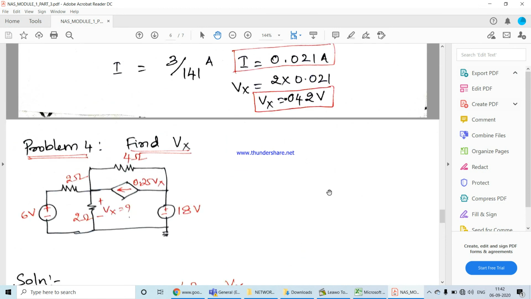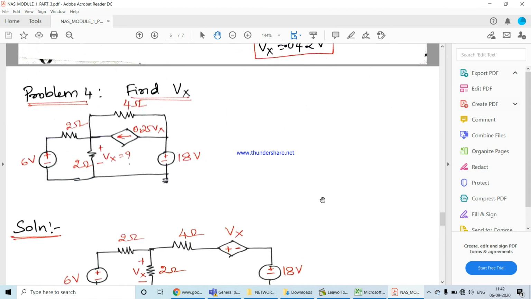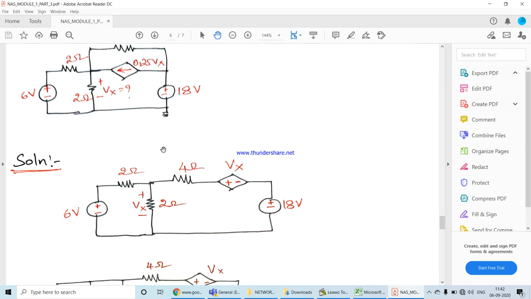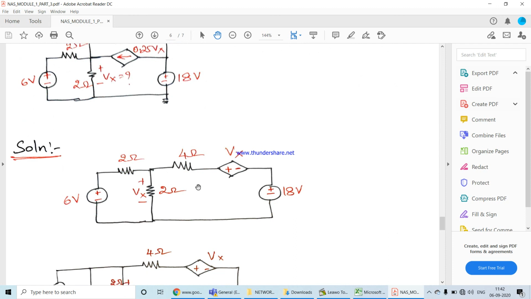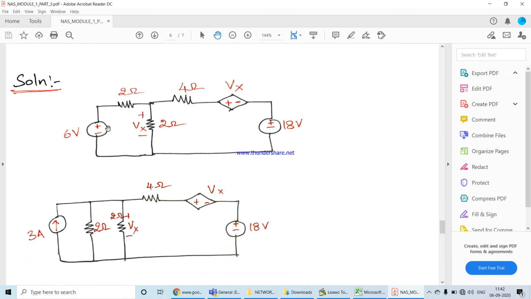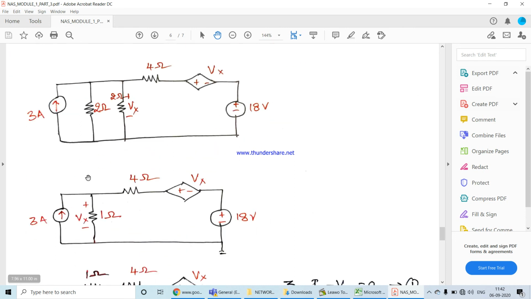So let us again scroll down from the beginning. So here, find Vx. This is the question which was given. We saw 6 volts in series with 2 ohms and 4 ohms in parallel with this dependent current source, that we converted into series. And then we saw that this 6 volts in series with 2 ohms converted into parallel, and that 2 ohm in parallel with 2 ohm is converted into an equivalent 1 ohm.